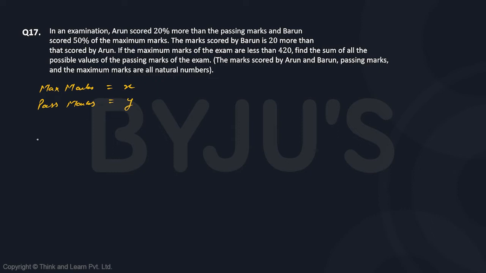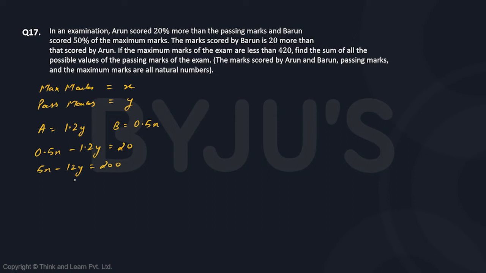So A scored 20% more than the passing marks, that means 1.2y. And B scored 50% of maximum marks, that means 0.5x. Where Barun is 20 more than Arun. So the equation will be 0.5x minus 1.2y is equal to 20. Upon simplification, I'll get 5x minus 12y is equal to 200.